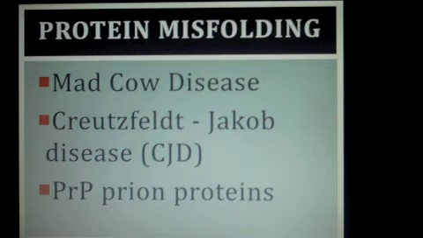Protein misfolding can lead to diseases such as those stated on the slide: mad cow disease and Creutzfeldt-Jakob disease, which is also known as CJD. The diseases are caused by agents called prion proteins, in short PrP proteins, and the diseases are transmitted by aggregated forms of these PrP proteins.